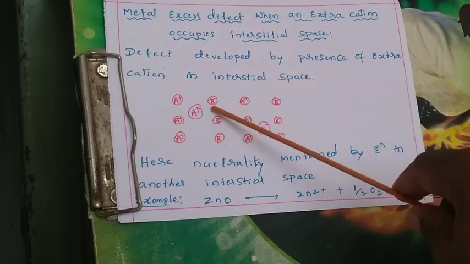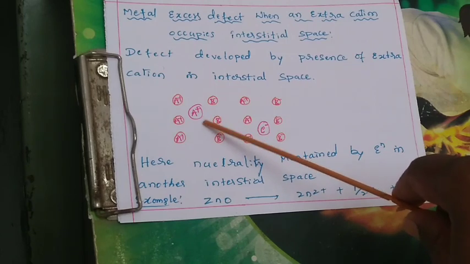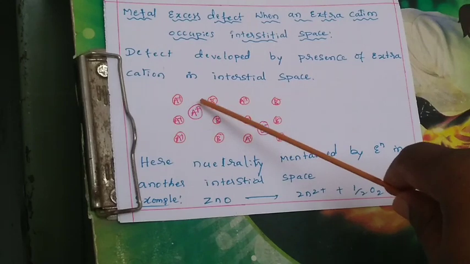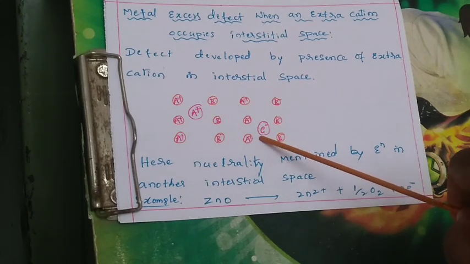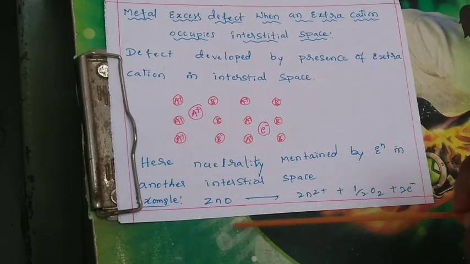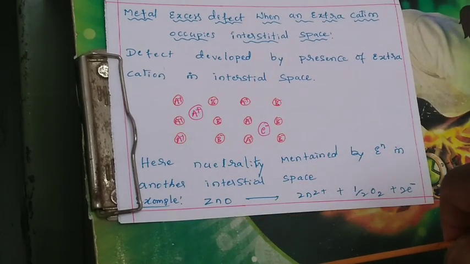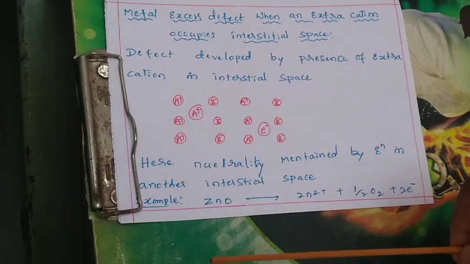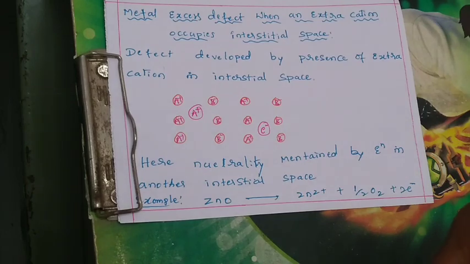When a metal ion occupies the interstitial space, a number of electrons equal to the charge of that metal ion also occupy the interstitial space, thereby maintaining electrical neutrality. In the case of ZnO, when zinc oxide is heated, the oxygen evaporates as O2 and the Zn2+ ions, which are in excess, occupy the interstitial space.